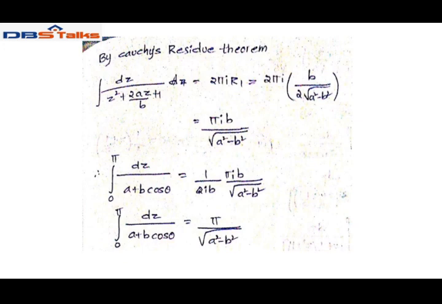So after cancellation we get pi i b by root of a square minus b square. Therefore substitute in equation 1, integral 0 to pi d theta by a plus b cos theta equal to 1 by ib into pi ib by root of a square minus b square, that equal to pi by root of a square minus b square.